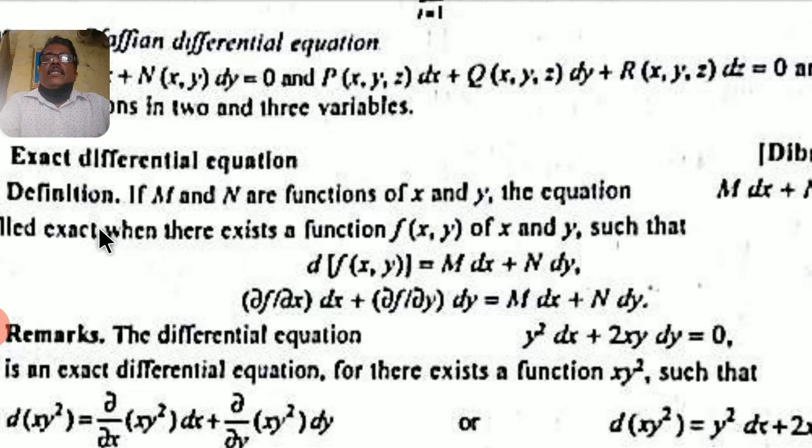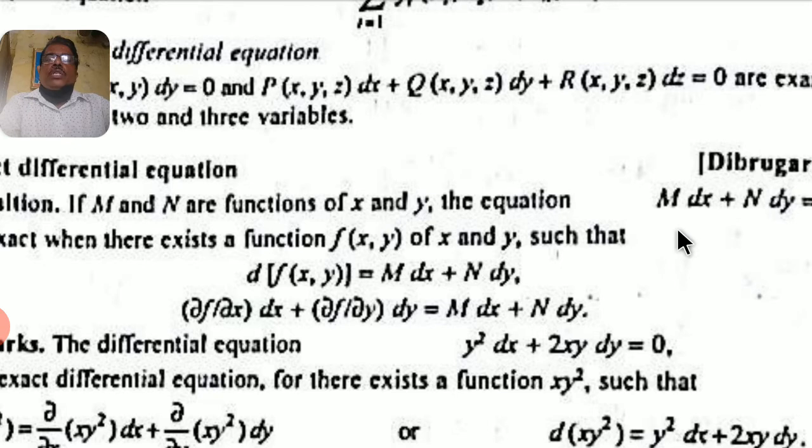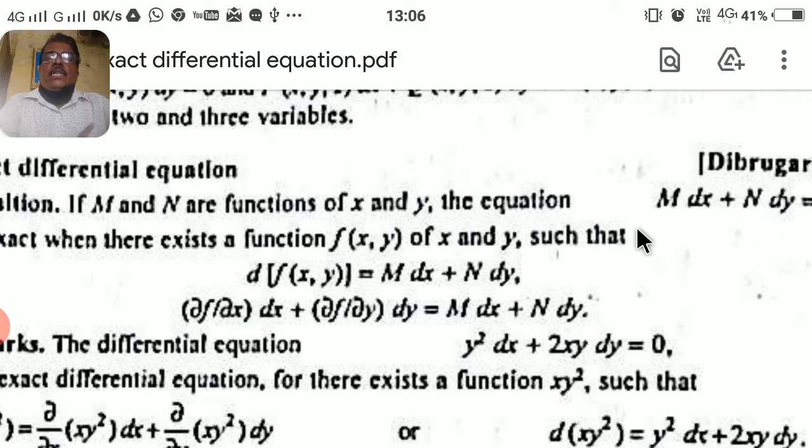Then we say that M dx plus N dy equal to 0 is an exact differential equation.